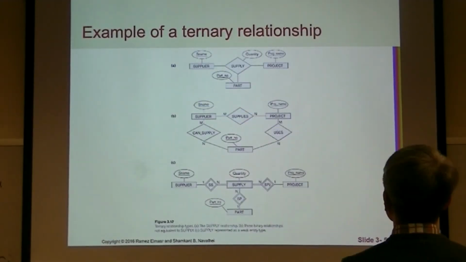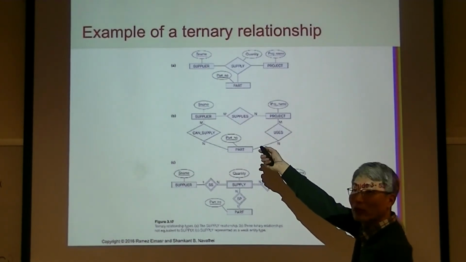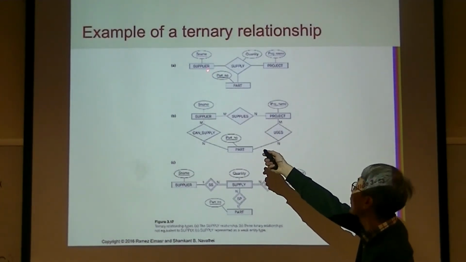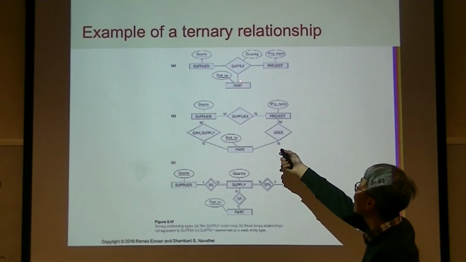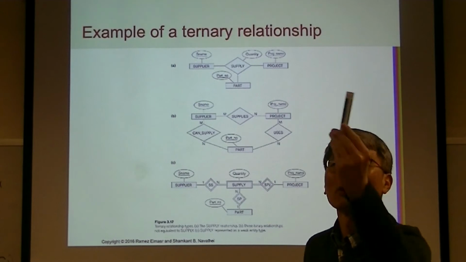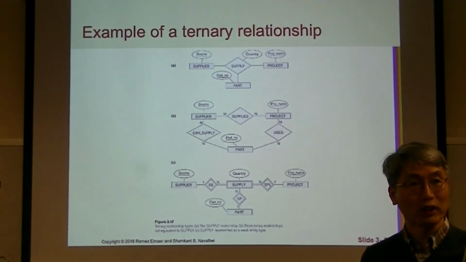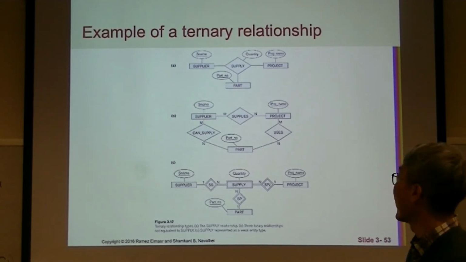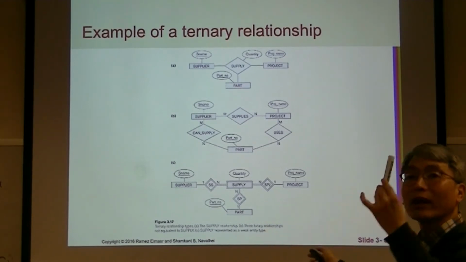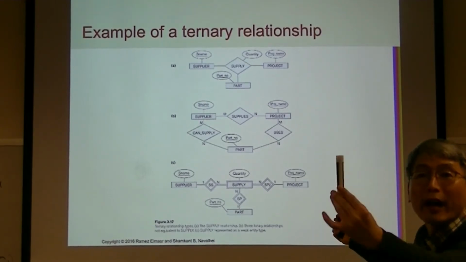This example is supplier. It's a group or a company or a person, the supplier, who supplies the part and supplies this to the university. Okay? So supplier is one entity, the contractor. And item, part, is another entity. And the university project.